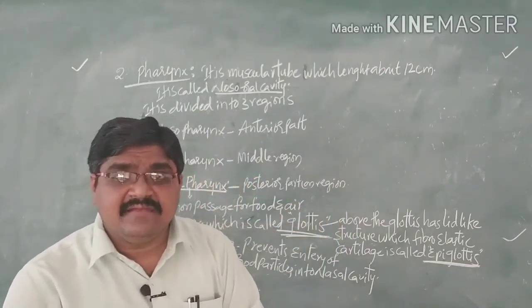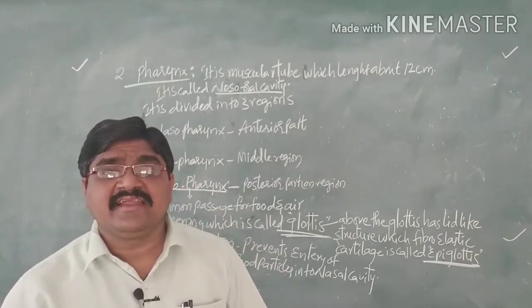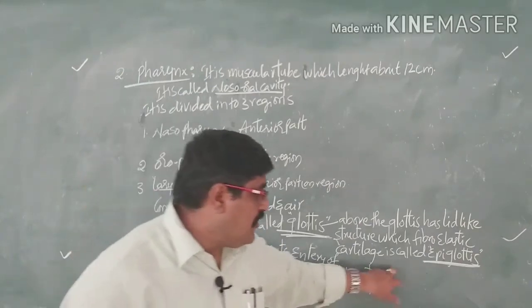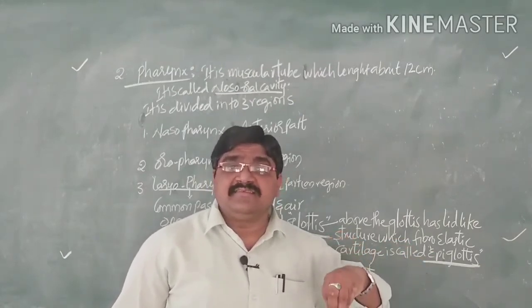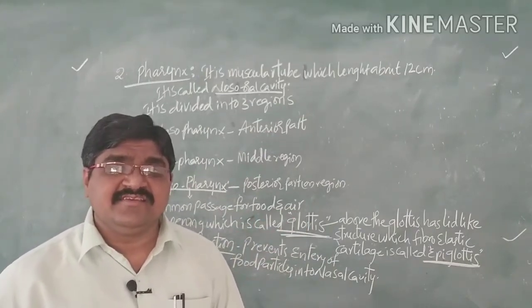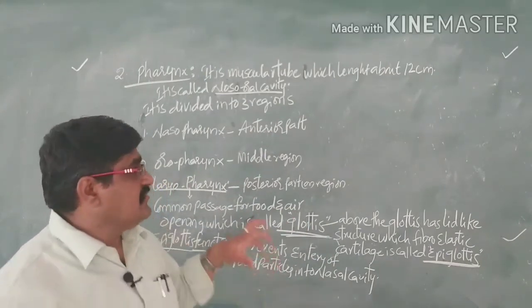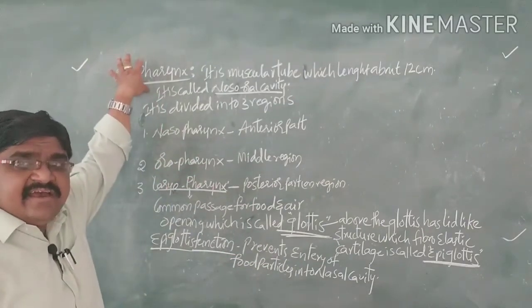When food is not taken, it is open so that air can enter. This is how it takes place. It is a fibroelastic cartilage which prevents the entry of food particles. So this is the second region, the pharynx.